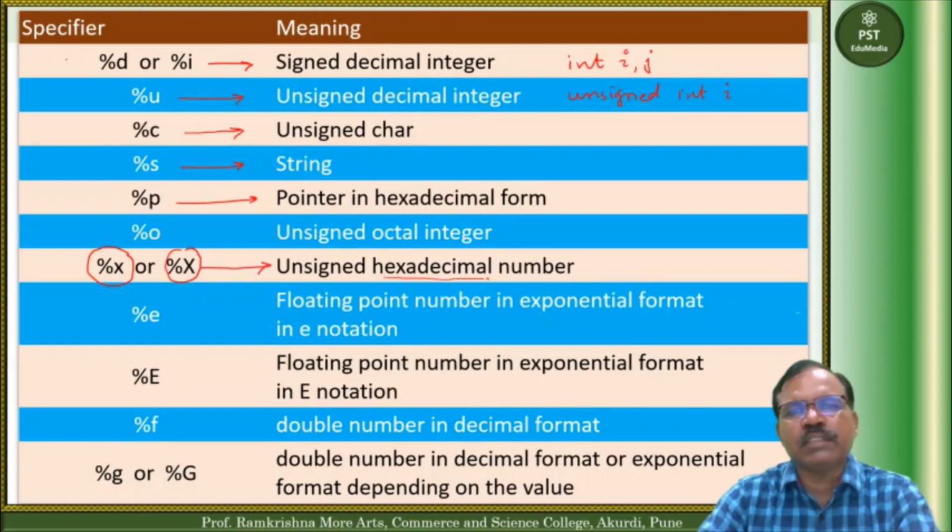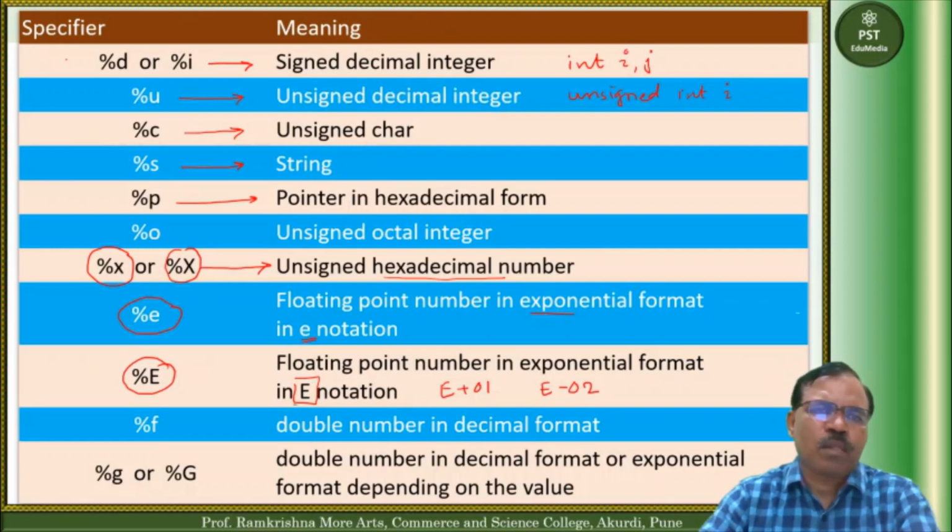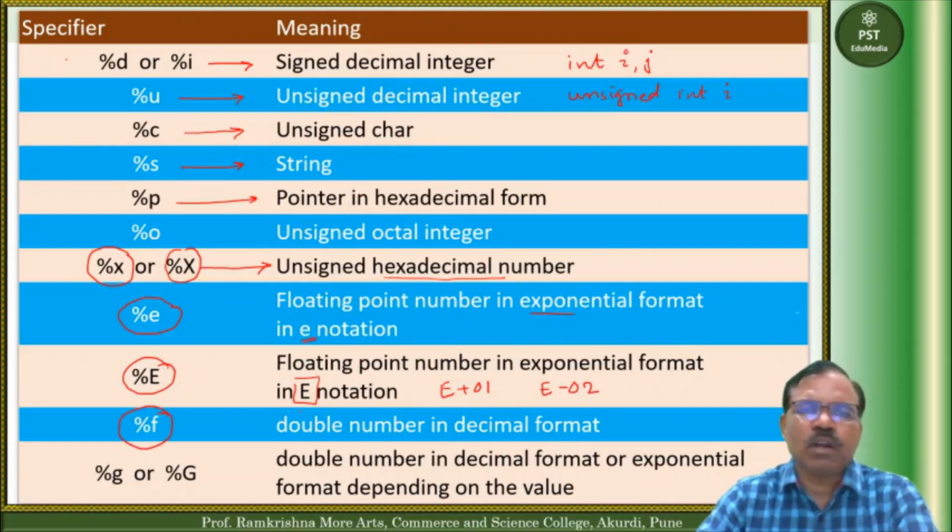We have seen examples. %e is used for a floating point number in exponential format in small e notation. %E is used for a floating point number in exponential format in capital E notation, means E plus 01 or E minus 02, like this. %f is used for a double number in decimal format.